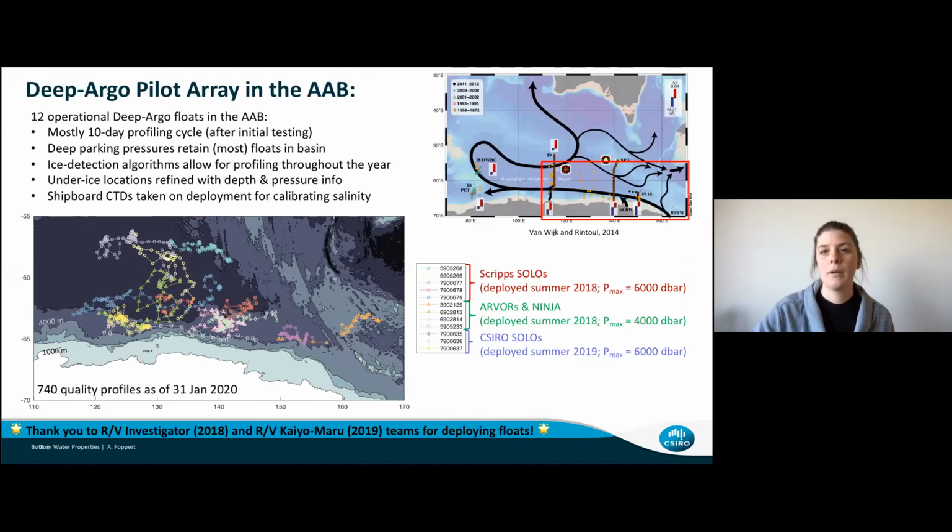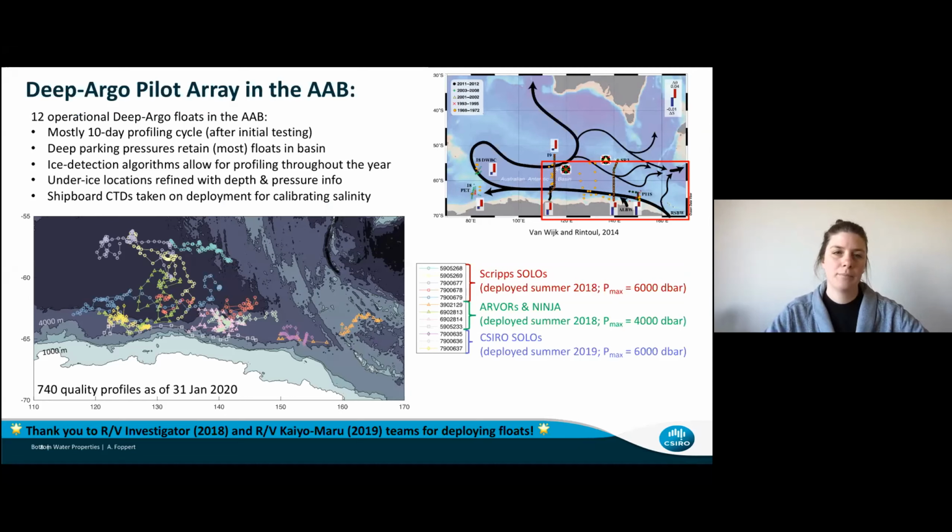And so the array is made of 12 floats right now, with the idea to deploy more and more once we can get back down there on the ship. Most profile on 10-day cycles after initial testing near the surface.